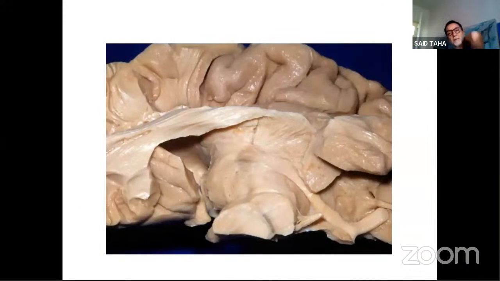Here, an inferior view of the brain with removal of the temporal lobe.